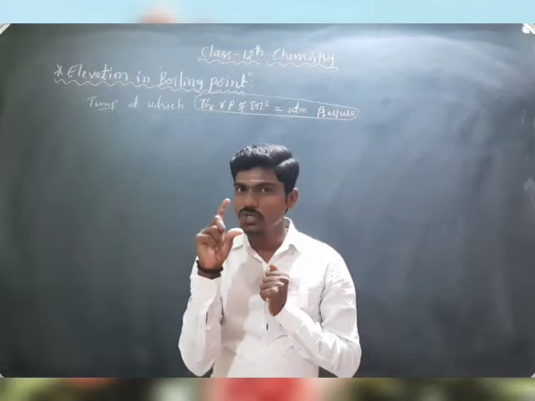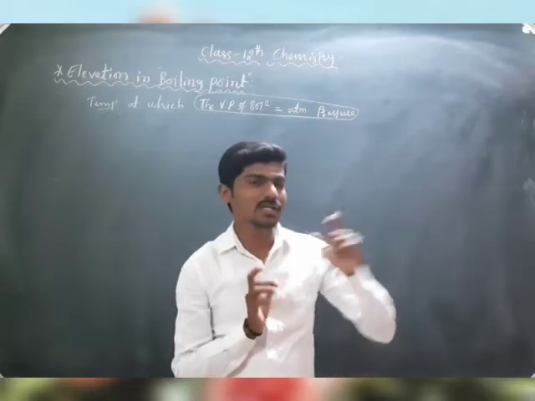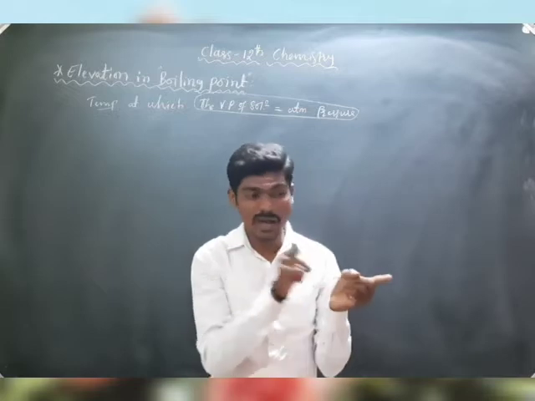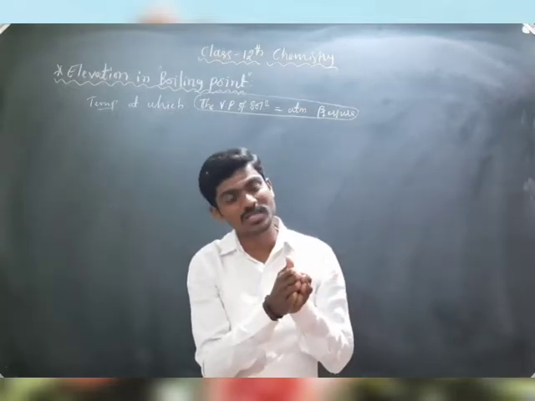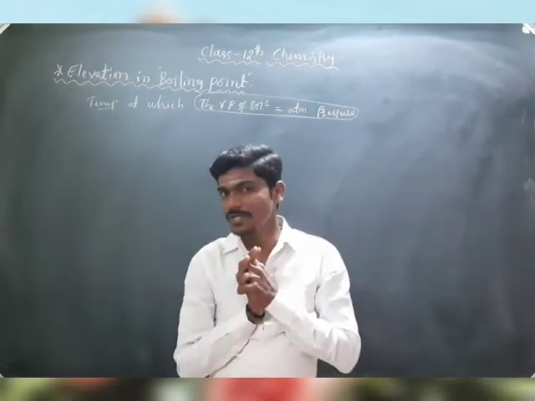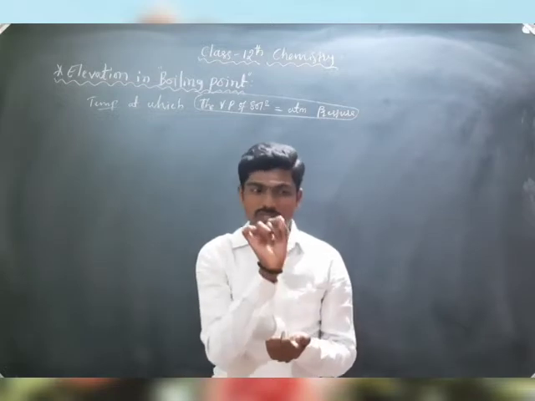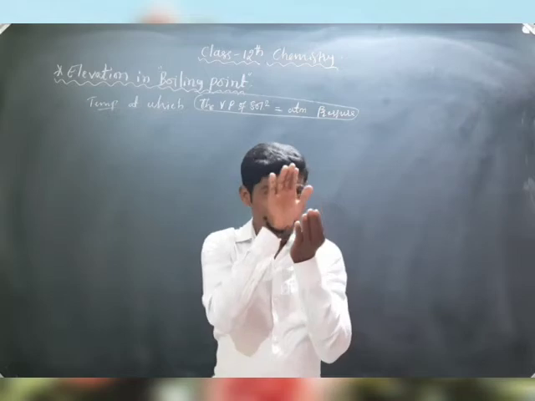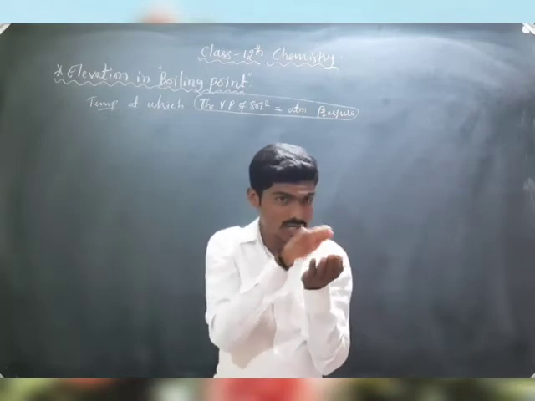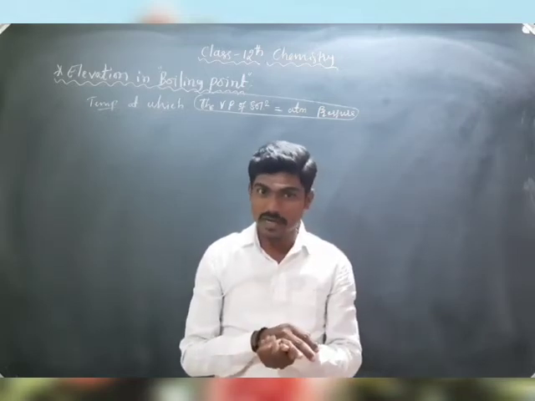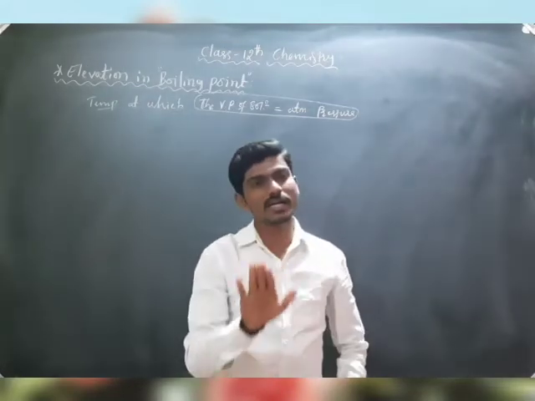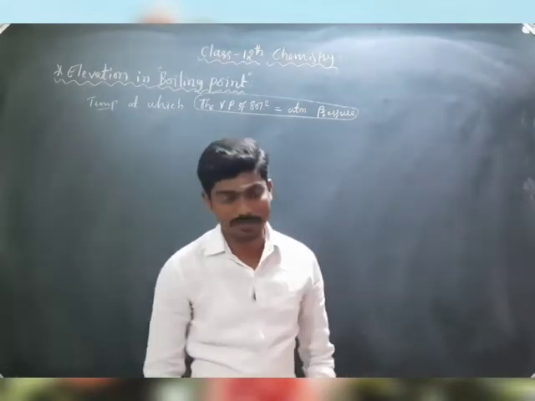Why is the vapor pressure of a solution different from the solvent? Because in a solution containing a non-volatile solute, some of the surface molecules are occupied by solute particles, so the escaping tendency of the liquid decreases and vapor pressure decreases.